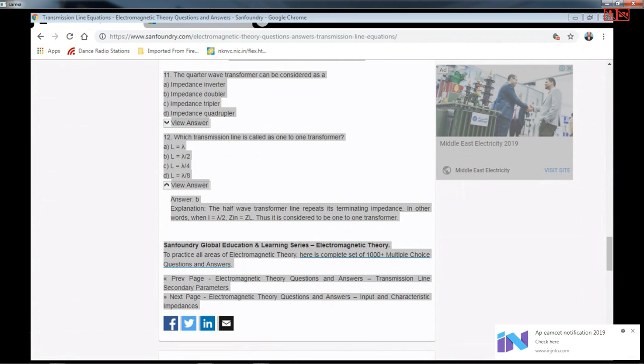So VSWR is more useful and more comfortable. It's simply a number, but it really reflects the quality of the power transfer in a particular transmission system from the source to the load. So that's the importance associated with these things.